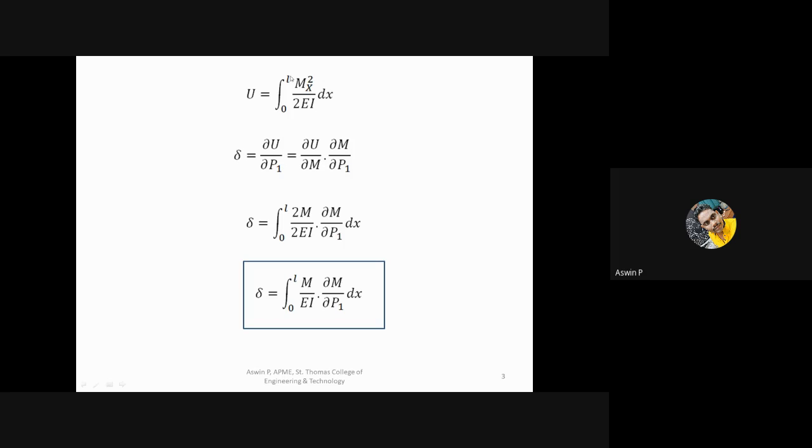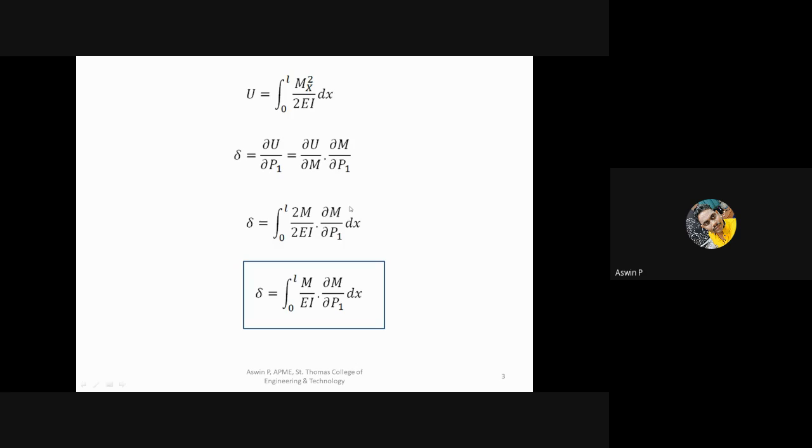Differentiating the equation for U with respect to moment M, we get 2M divided by 2EI dx, and we substitute dou M by dou P1 to find the deflection.